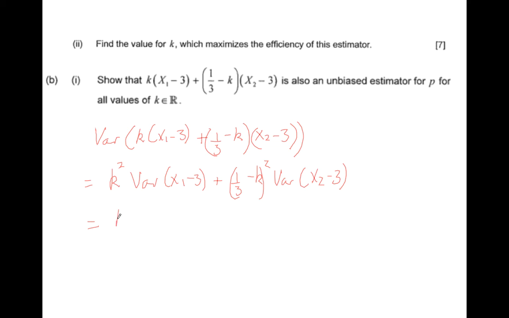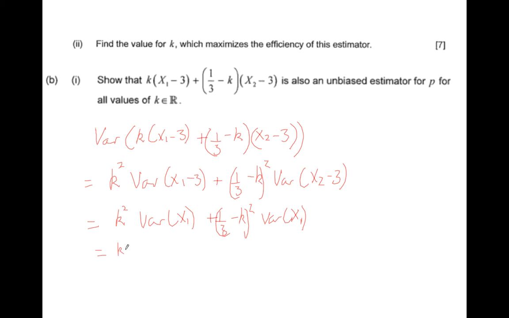So all of this is actually k squared var of x1 plus 1/3 minus k all squared times var of x2, which is the same as x1. Can you see that the value of k we choose is going to be some form of quadratic, and the value of k will change the overall variability of the previous estimator.